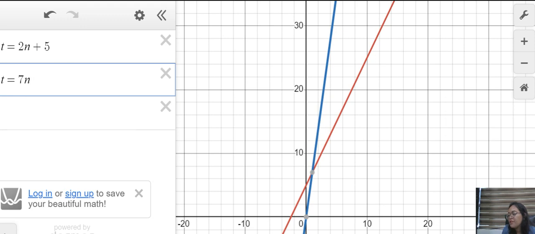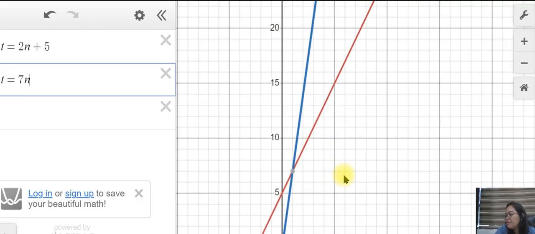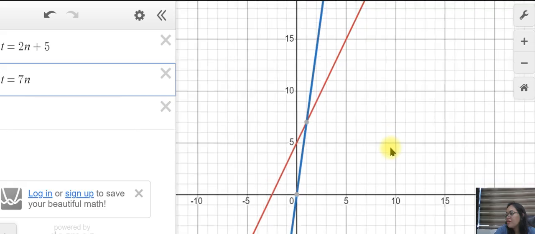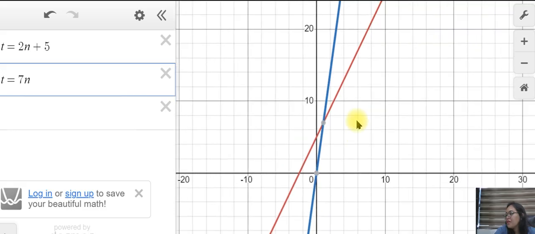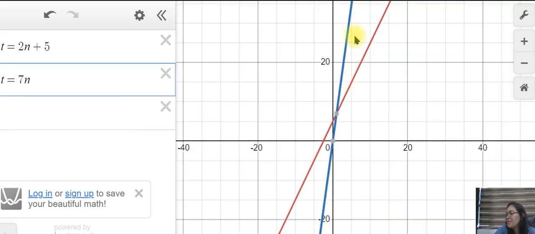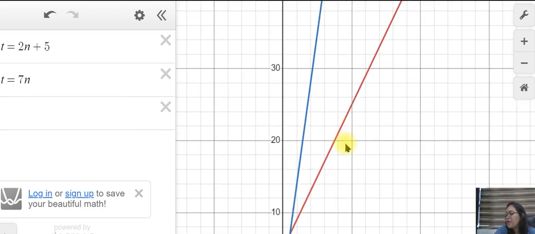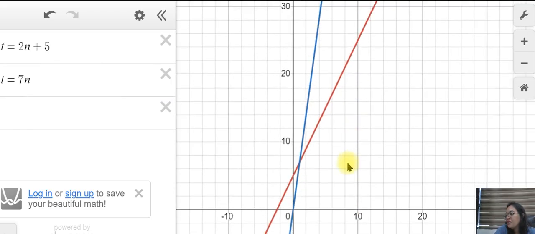Okay. So here in this example, 7n as n is equal to 1. You can see that they cross, and right after that one, they no longer meet. So this is a good estimate of the upper bound of your T of n.